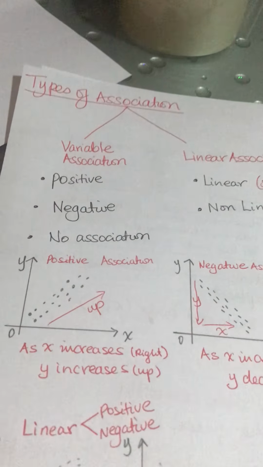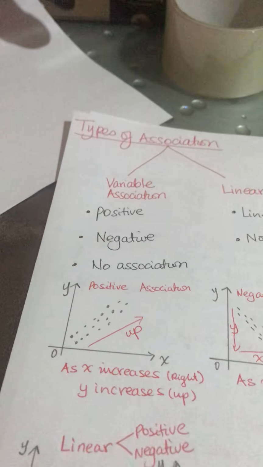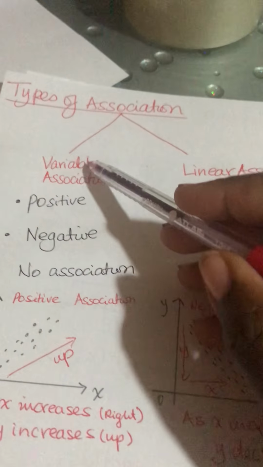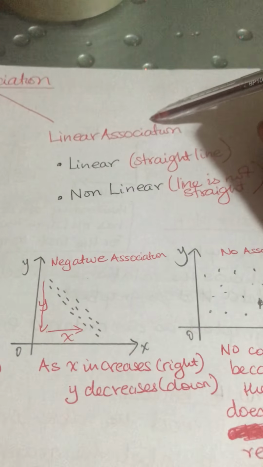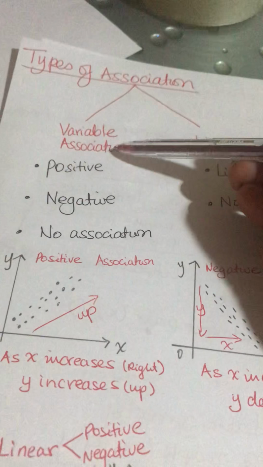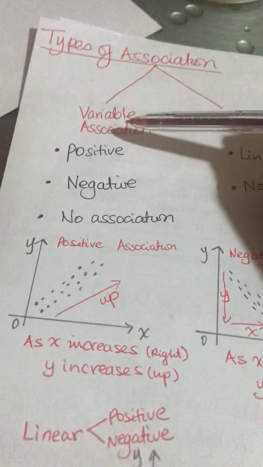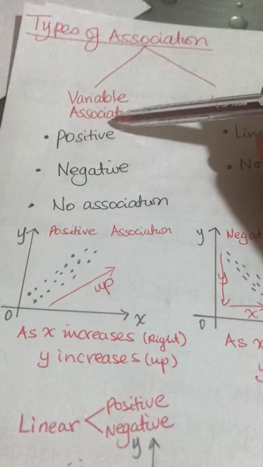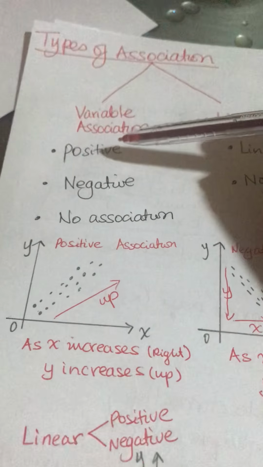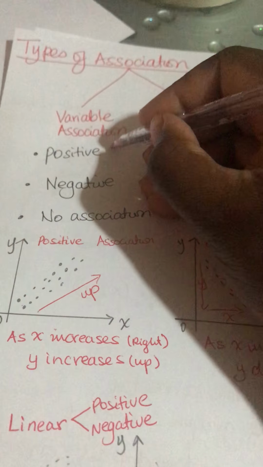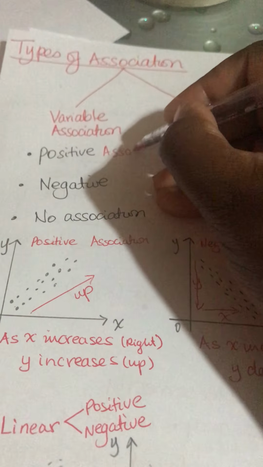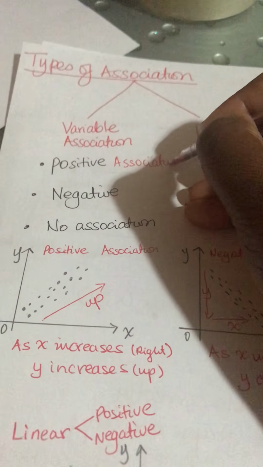Now, so scatter plot shows associations. There are 2 types of associations. One, variable association, and the second one, linear association. Now, variable association is divided into 3 other parts. So you have a positive association.